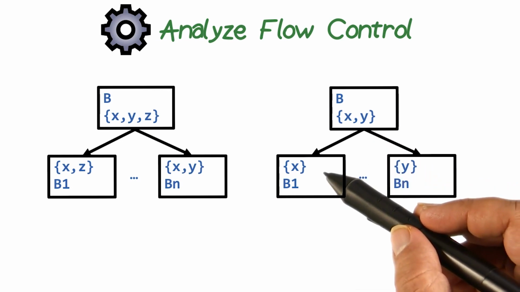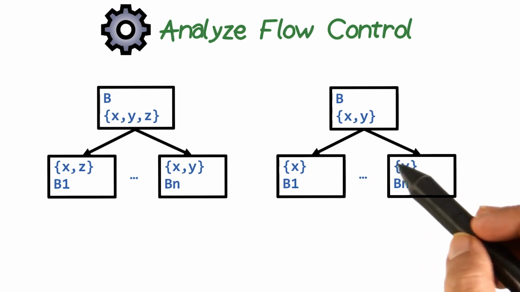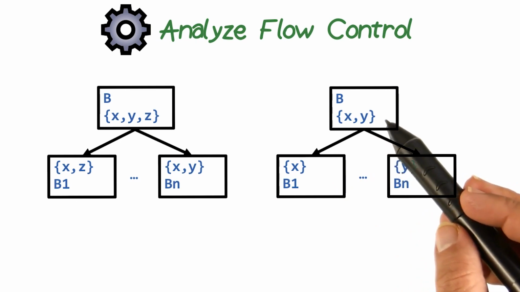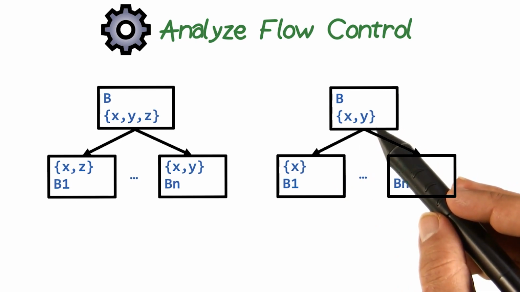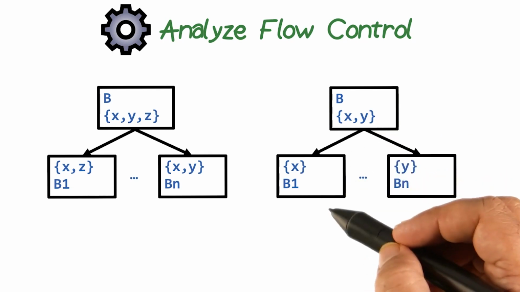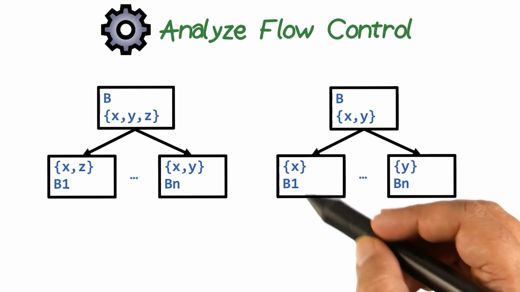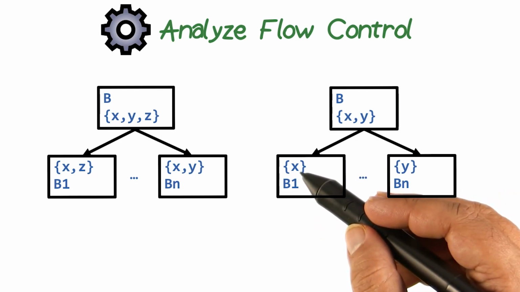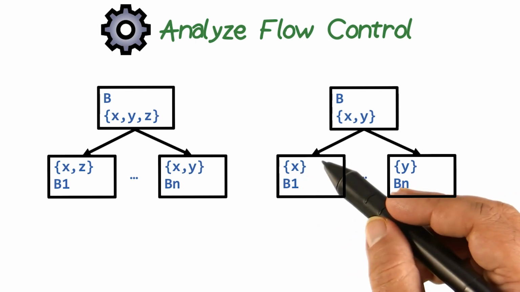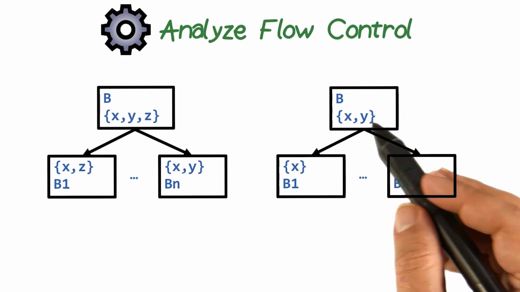If a variable is live in b1 or in bn or in b2 and so on, it will remain live at the exit of the predecessor basic block. That's because the answer to the question, is something live from this point onward, is automatically yes. If it's live here, then obviously the answer that this variable is live is already yes, and that tells us that the variable continues to remain live over here.